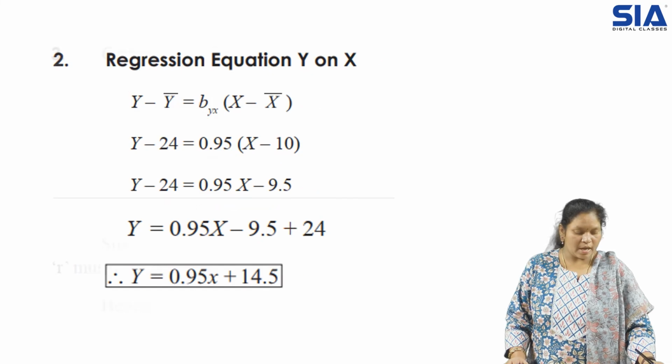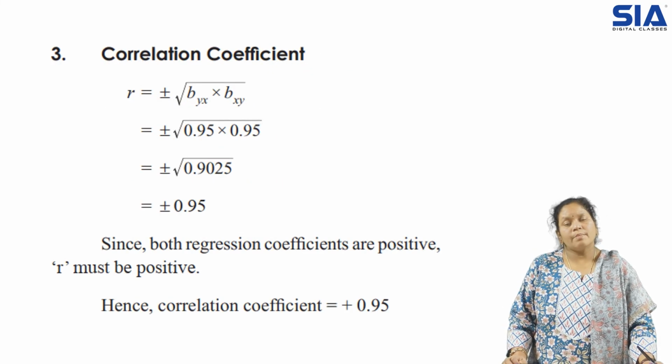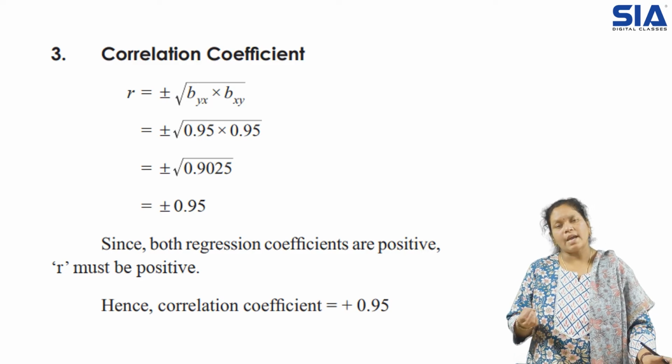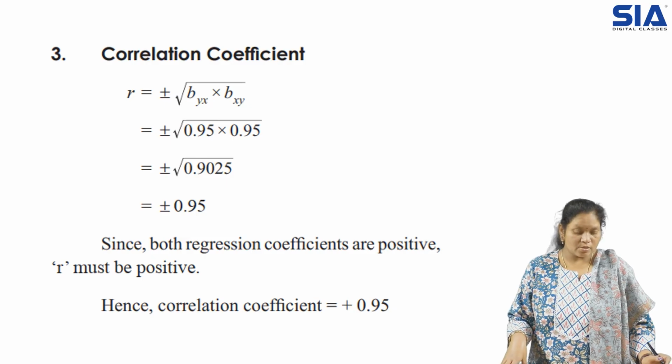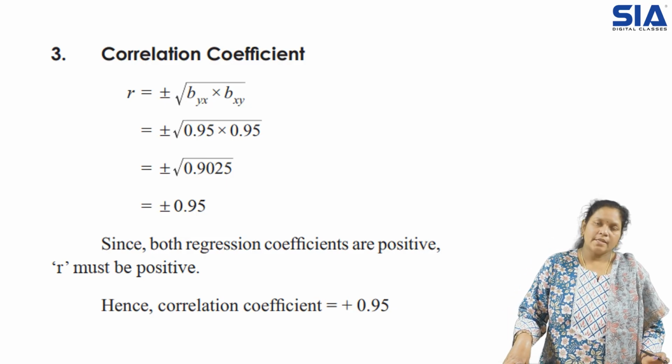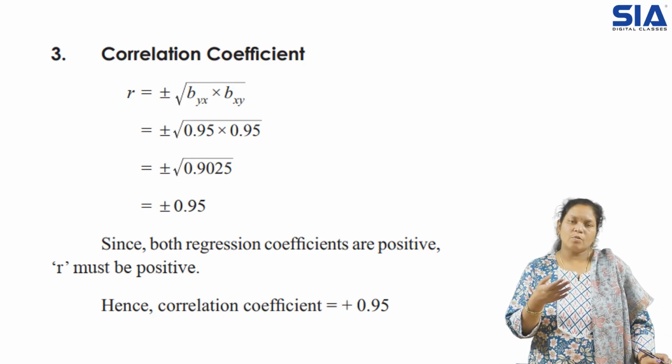But here I have explained some more, that is the correlation coefficient also. Sometimes they give regression equations and ask to find the correlation coefficient also. So I have discussed that also here. Remember, in the previous semester we have learned the correlation coefficient; the same again we have here. It's a relation we have between correlation and regression.